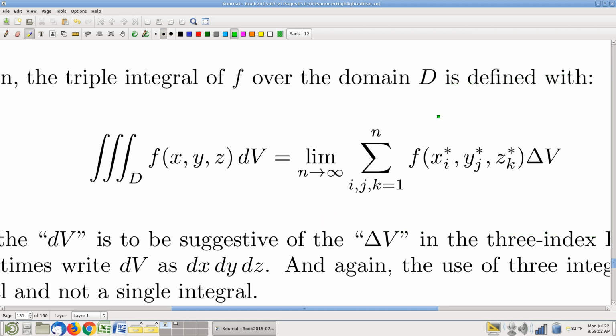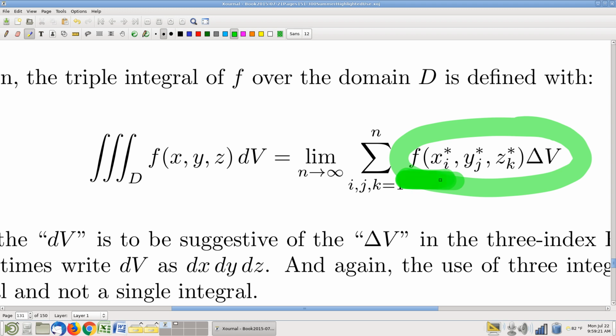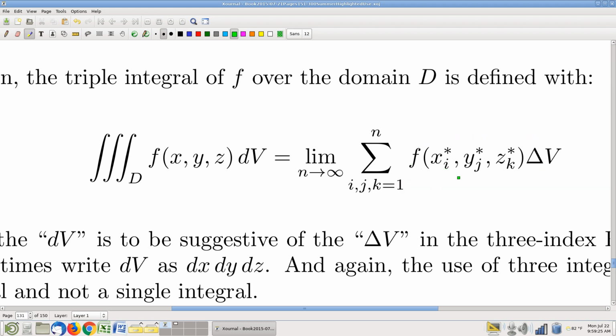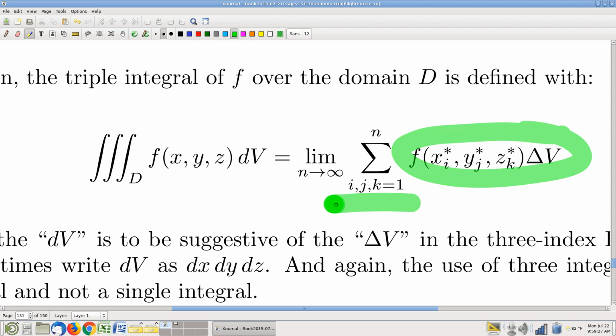We're going to chop up our solid into three different directions. On each piece, we're going to multiply the volume times something appropriate to the application to get what it is that's actually accumulating. If this needs to be mass, then this needs to be density.